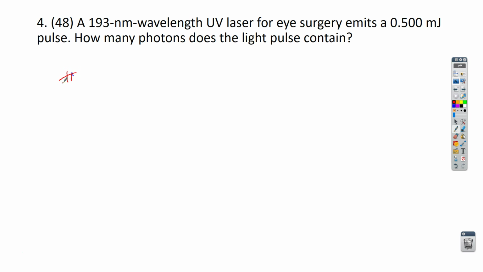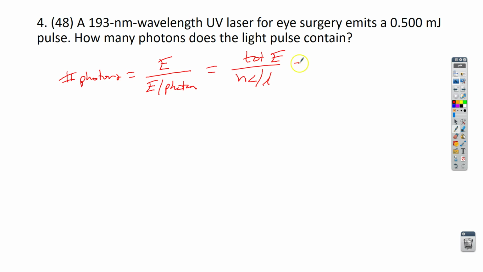So what we'll do here is say the number of photons should be equal to the total energy divided by the energy per photon. That should be equal to the total energy divided by hc over lambda, which gives us the energy per photon.